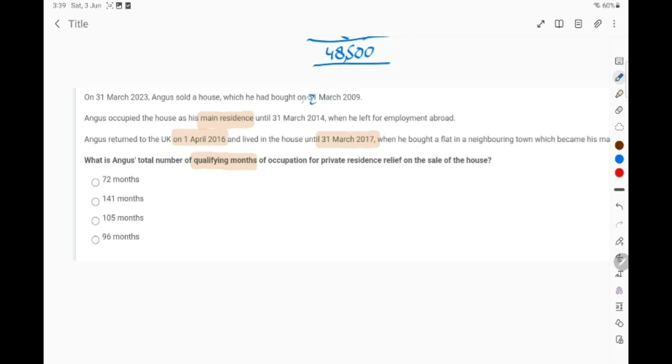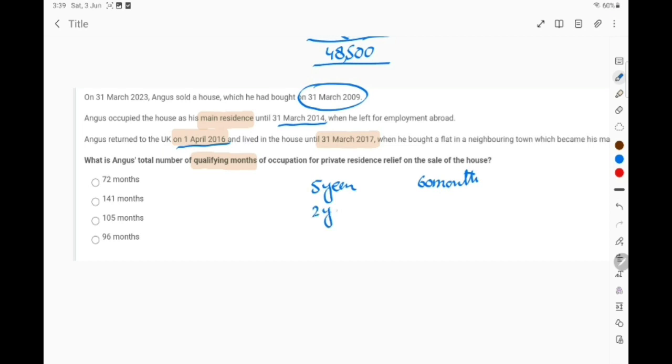So first the date of purchase is 31st March 2009. Then from 31st March 2009 to 2014, this is a period of 5 years, means 60 months. These 60 months are said to be the qualifying period. Then he went abroad for a period of 2 years from 31st March 14 to 1st April 16.